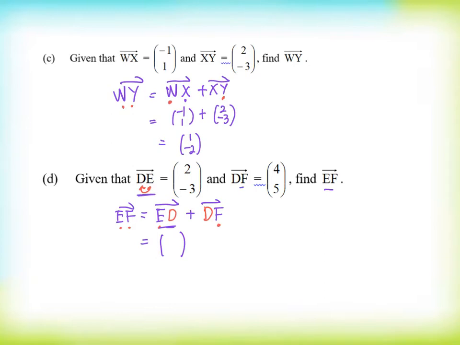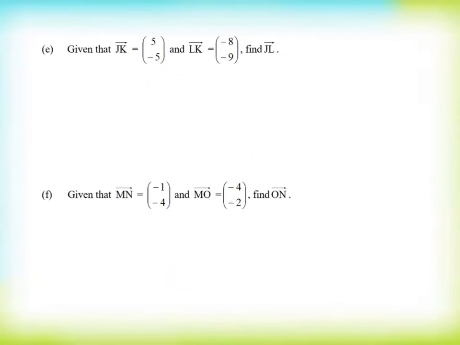Now you become negative 2, positive 3. Adding on to my vector DF, 4, 5. And that will give me the answer 2, 8. Remember, do not simplify the column vector. So now this is the answer.